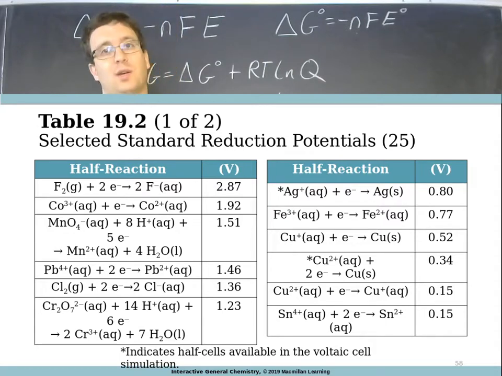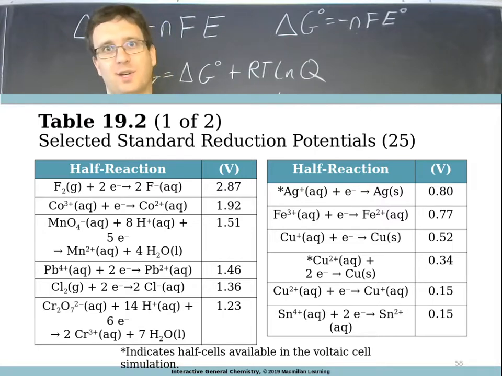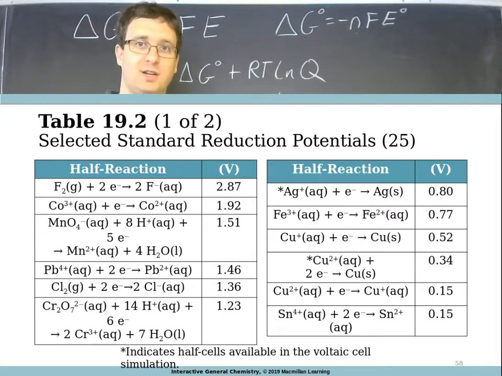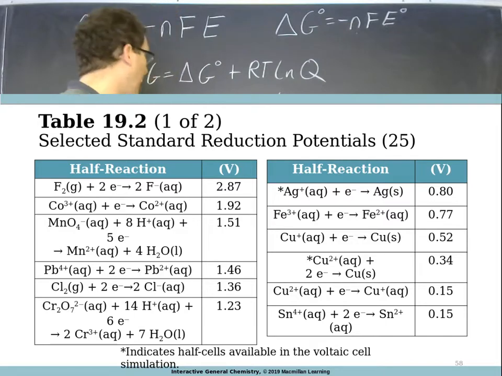So for most of these, that would be 1 over the concentration of the cation, but you'll notice some of them involve ions on both sides. Some of them are the reduction to an anion, and so just be careful about formulating Q properly. And you can find out the E for your half cell.